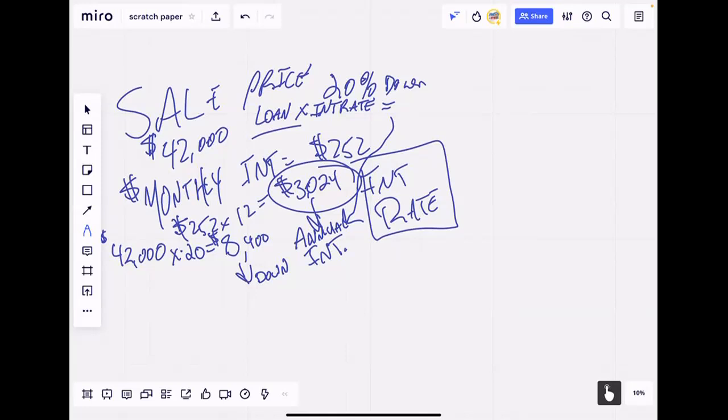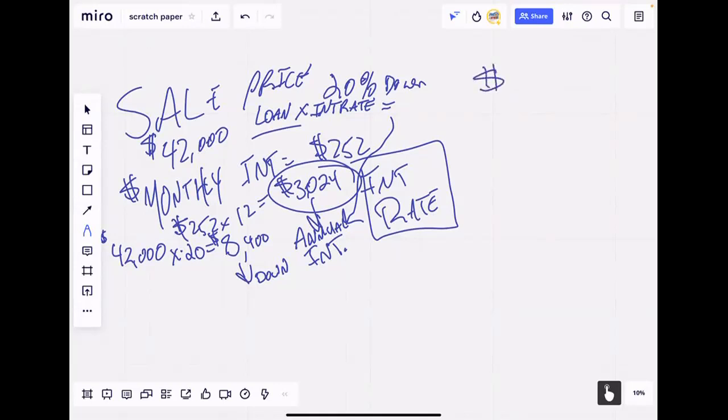Well, we would take the down payment. Well, hold on. The house sold for 42,000. We would figure out the loan amount, if they needed a 20% down payment, by taking the difference between the down payment and the actual price of the house.